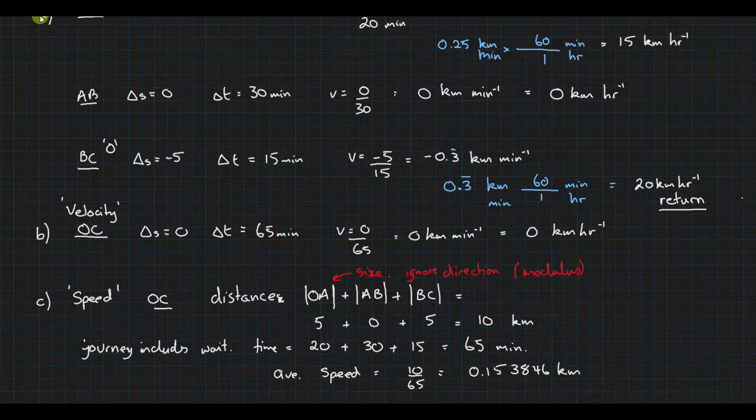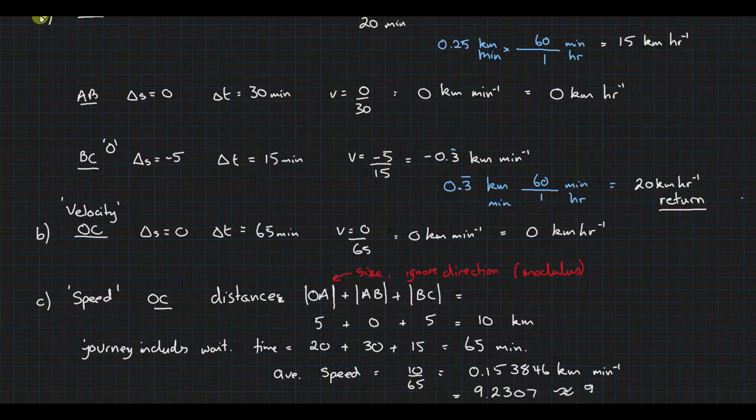0.1534846 kilometers per minute. The reason I'm doing this is, remember, I want to change this into hours, and I'm not going to show the calculation again. So they take the value, kilometres per minute, multiplied by 60 over 1, because it's 60 minutes in an hour, turns that into kilometres per hour. So multiply that answer by 60, and the average speed is 9.2307.